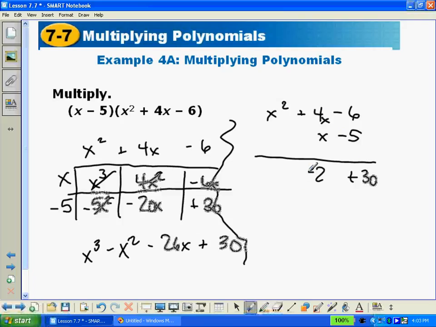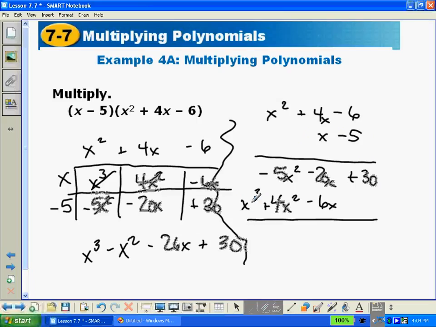And negative 5 times x squared is negative 5x squared. And then you shift over one spot, and x times negative 6 is negative 6x. x times 4x is positive 4x squared. And x times x squared is x cubed. And then you add these up.